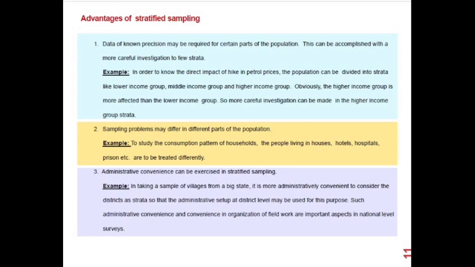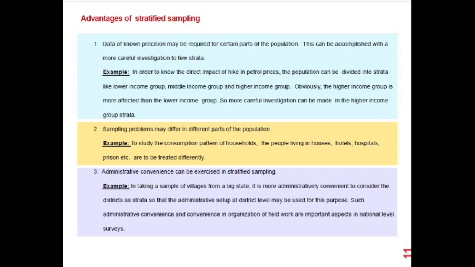For example, in order to know the direct impact of a hike in petrol prices, the population can be divided into strata like lower income group, middle income group and higher income group. Obviously, the higher income group is more affected than the lower income group. So more careful investigation can be made in the higher income group stratum. How it varies, we can easily observe by applying stratified random sampling.